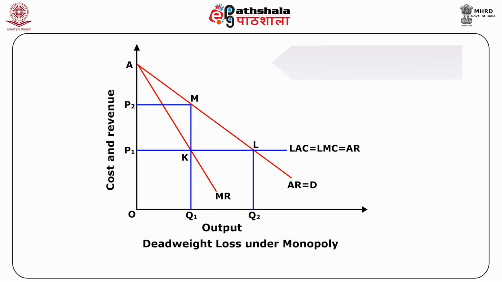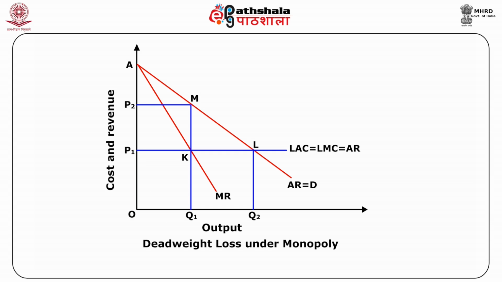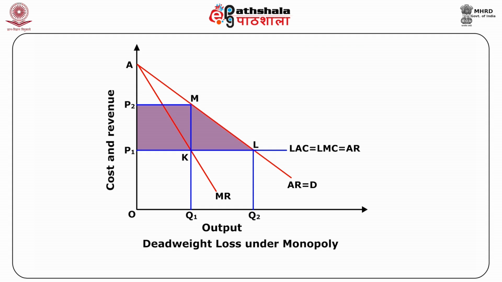If the industry is monopolized, the equilibrium output is set at OQ1 and price at OP2. This leads to a loss of a part of consumer surplus. Loss of consumer surplus under monopoly is equal to ALP1 minus AMP2, which is P2MLP1.